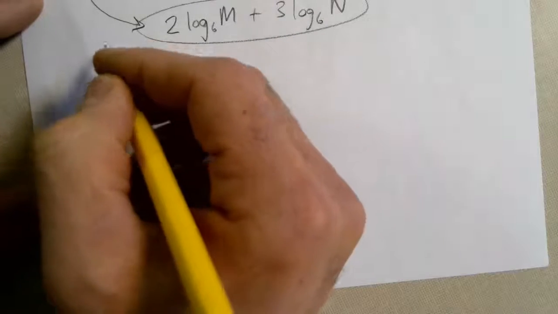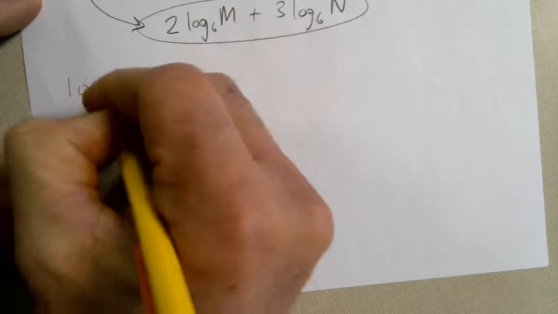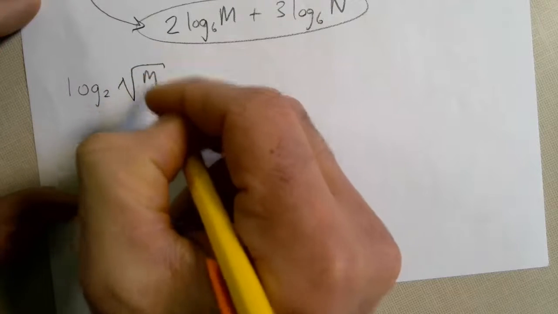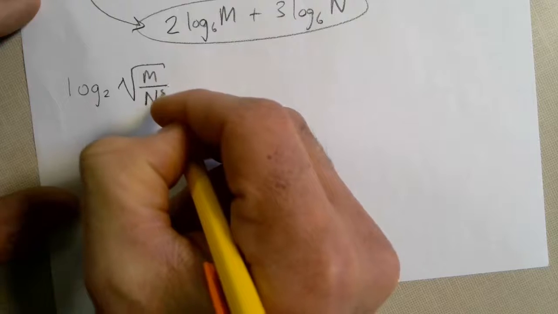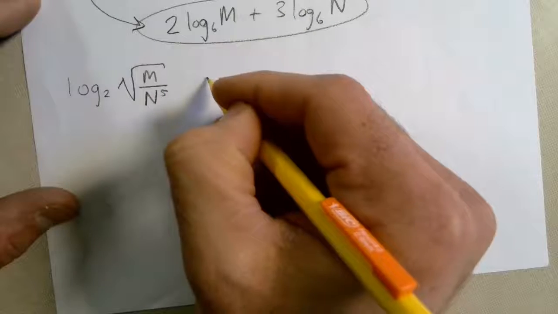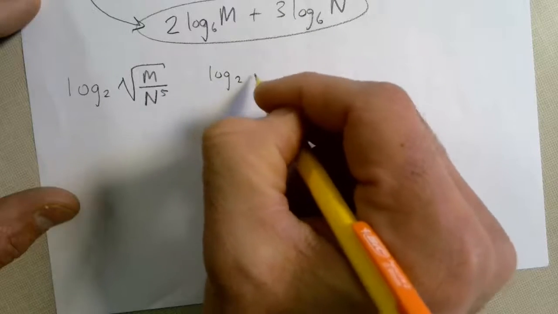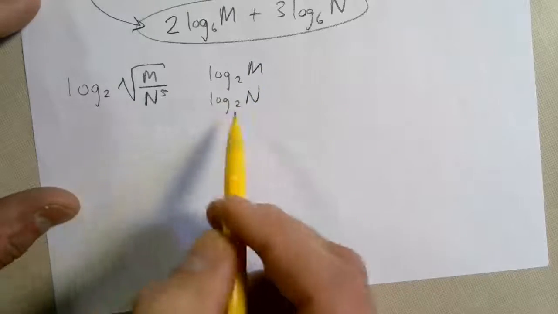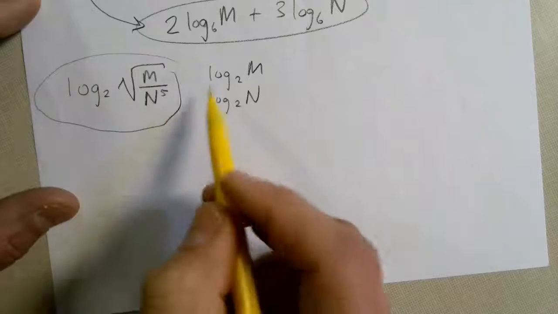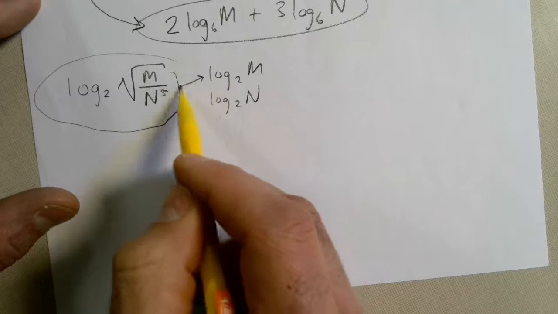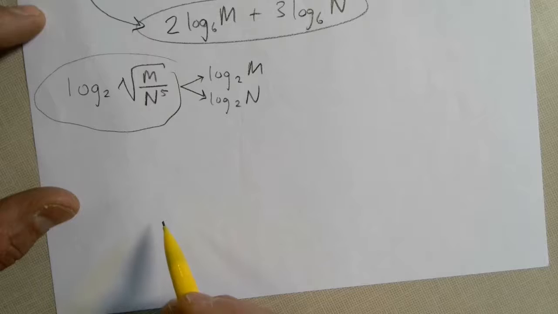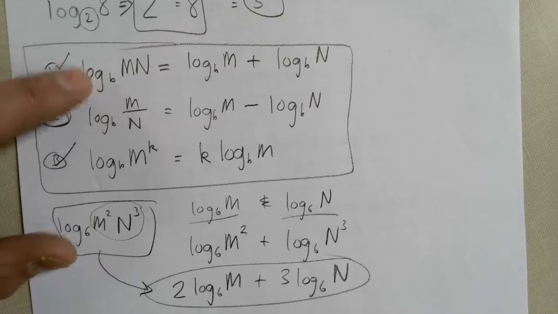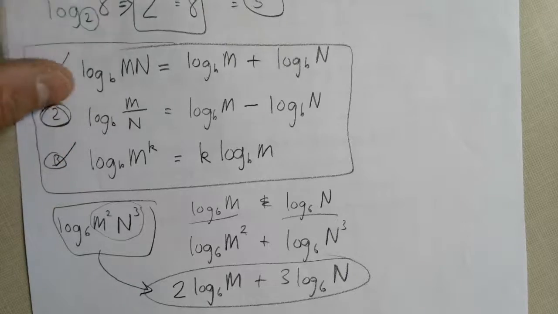This time it says write log base 2 of the square root of m over n to the 5th power in terms of log base 2 of m and log base 2 of n. So we want to simplify this into terms of just this and this. Okay, now look at our laws. We have the multiplying, the dividing, and the power one.